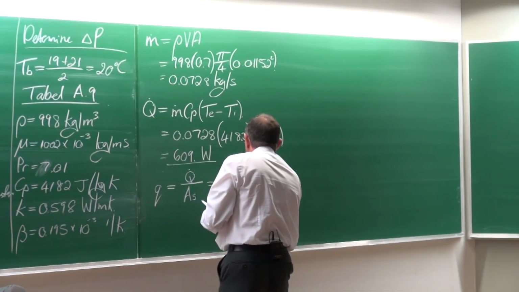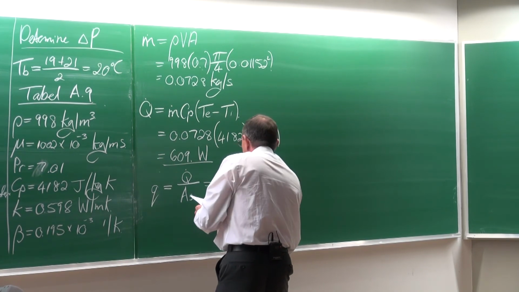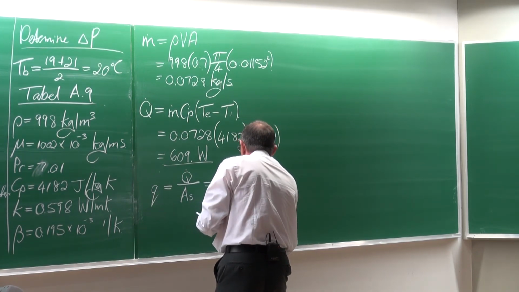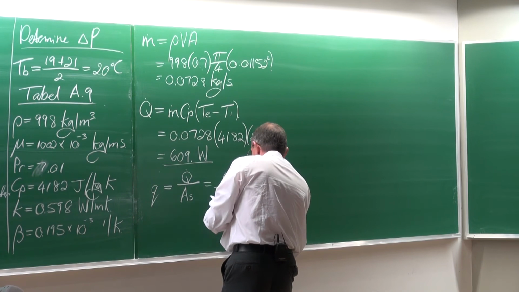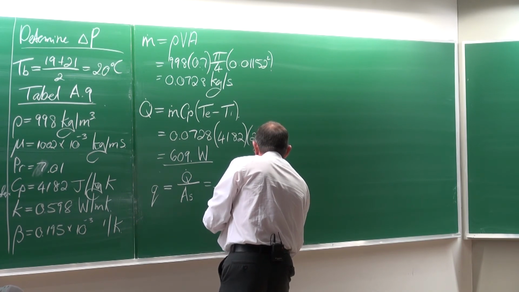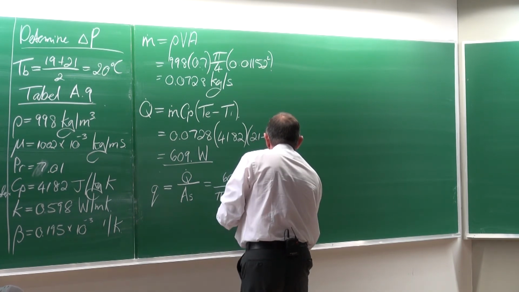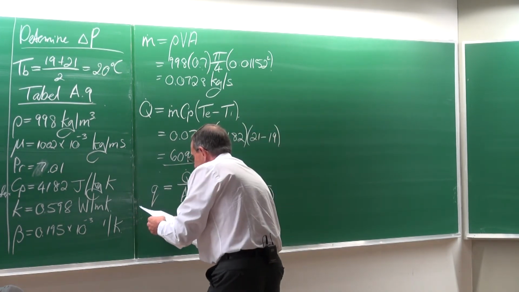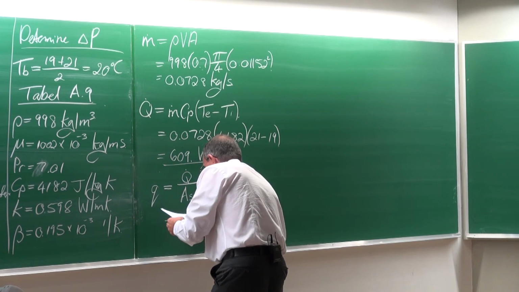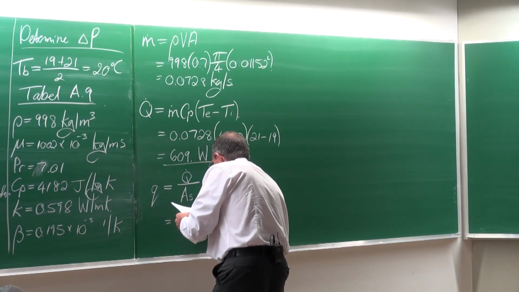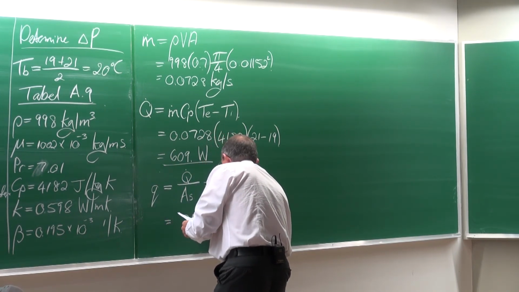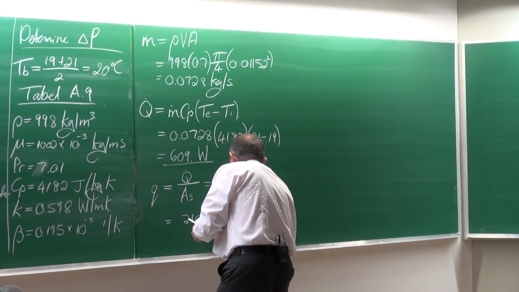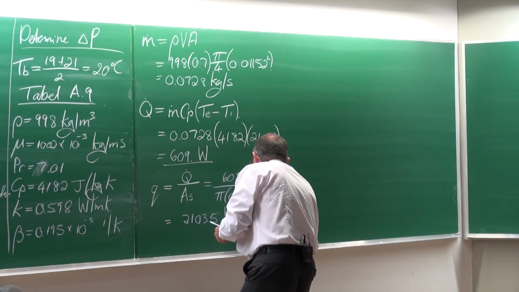So that is equal to 609 divided by pi, the diameter 0.01152 multiplied by the length, which is 8 meters, and the heat flux is 2103.5 watts per square meter.